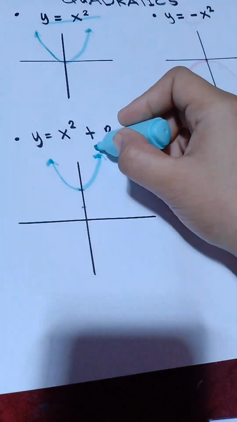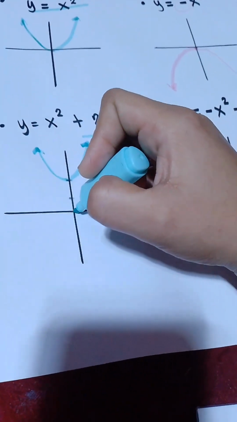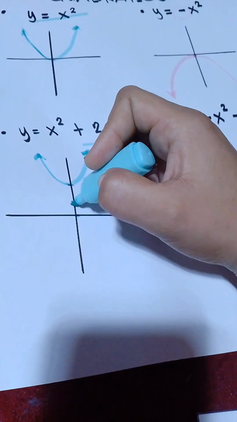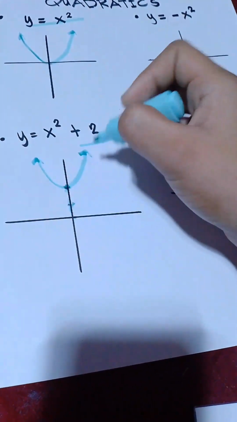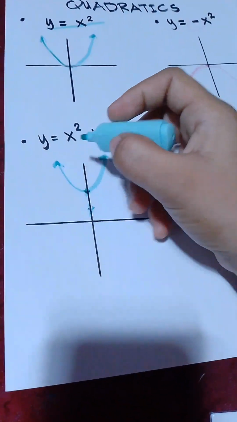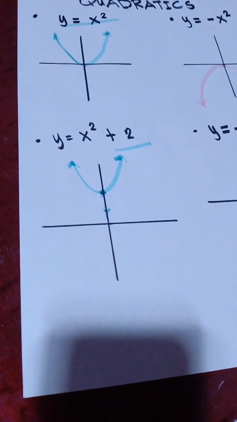Since it's 2, we're going to start the vertex at the 2, and it looks something like this.